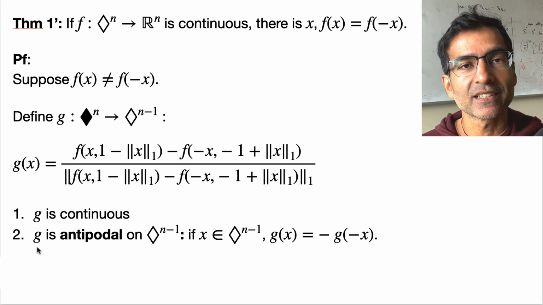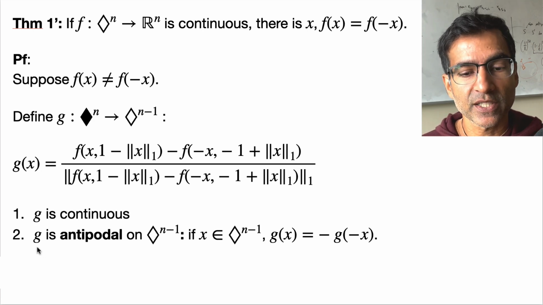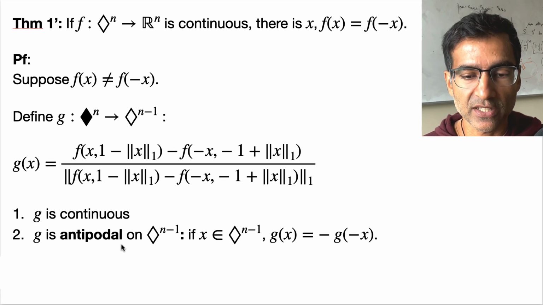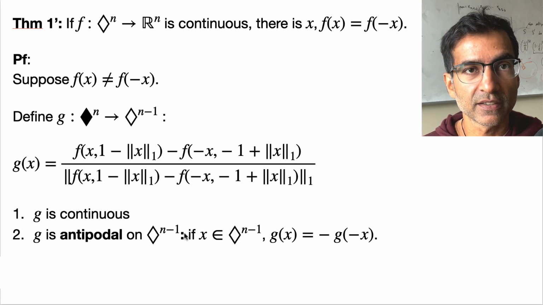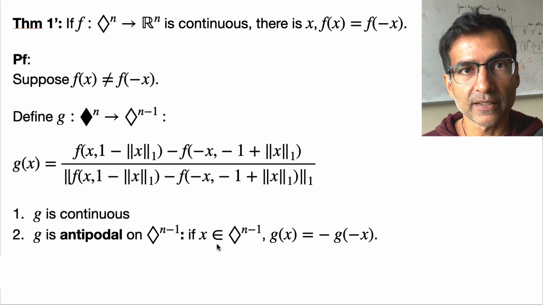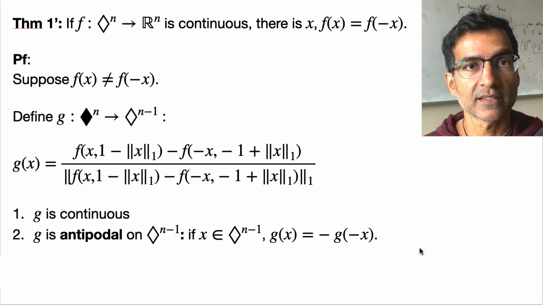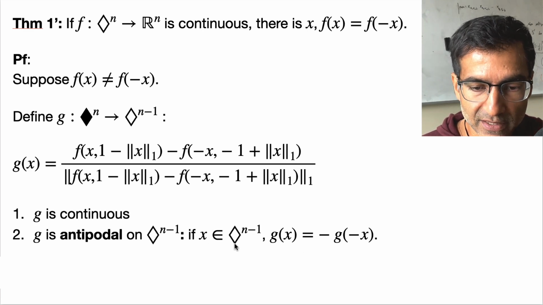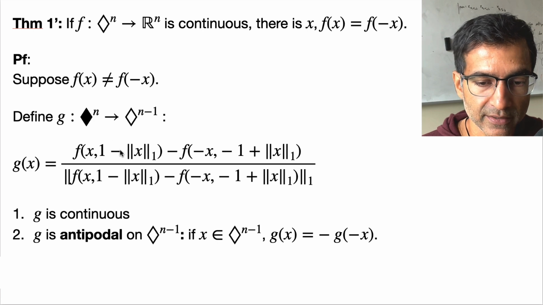Finally, g has a really nice feature, which is that it's antipodal on the boundary of the ball. So if you look at g on the surface of the sphere, if x is a point on that boundary, then g of x is equal to minus g of minus x. And that's because for x on this boundary, this last coordinate is 0.